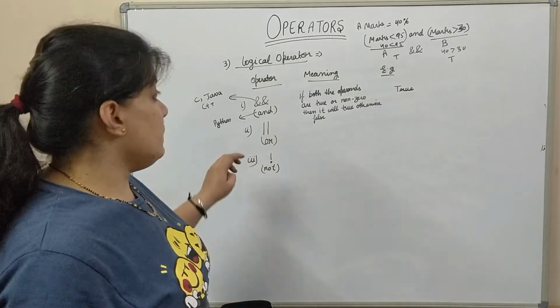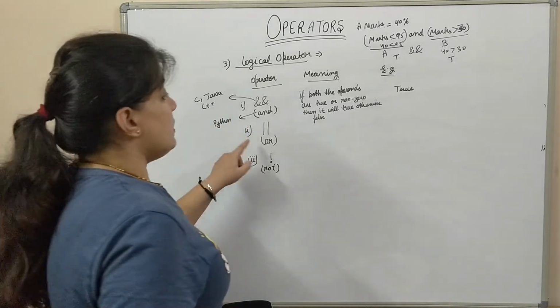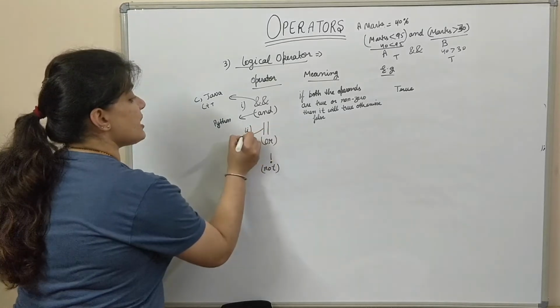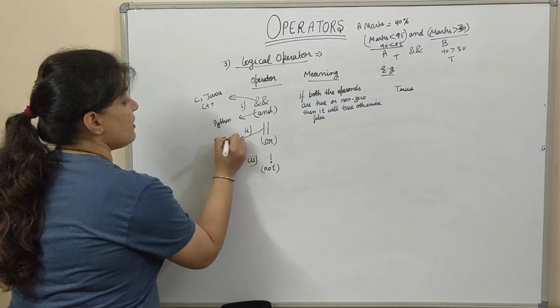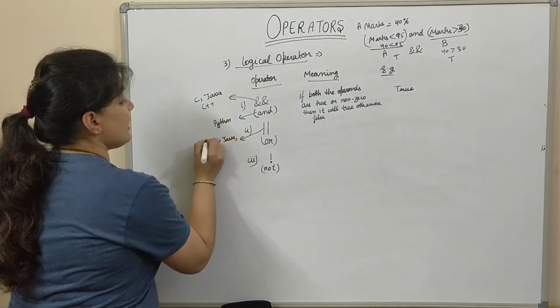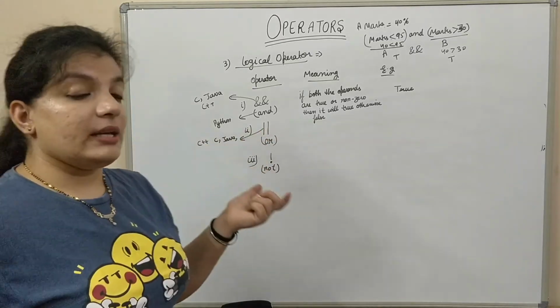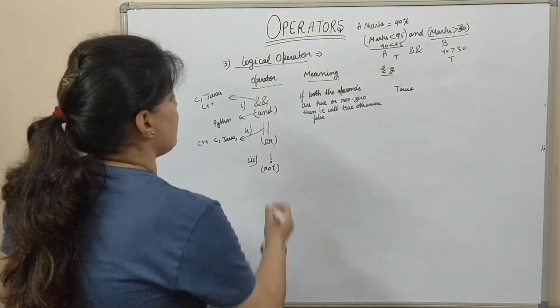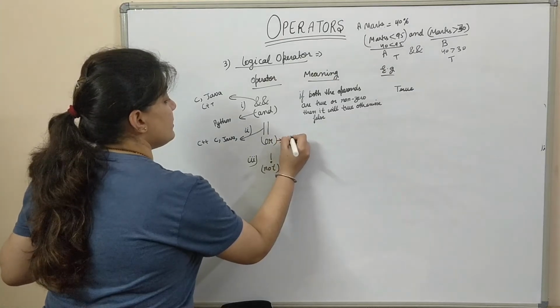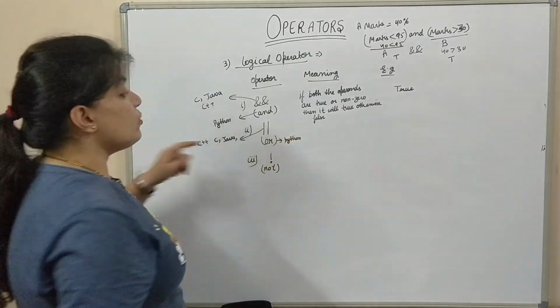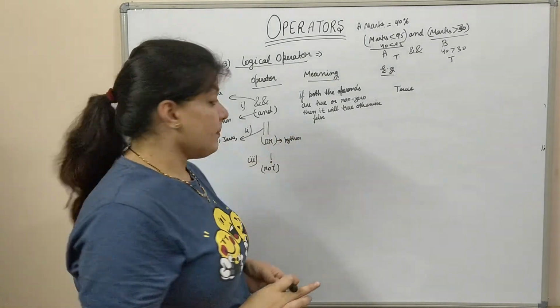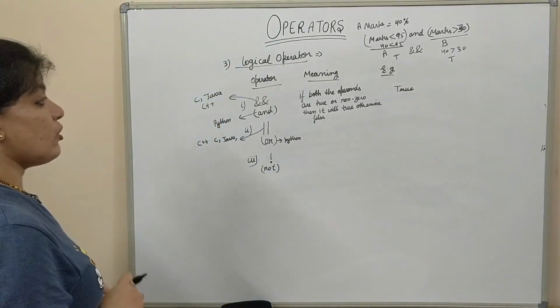Okay. Now OR operator. In C, Java and C++ we are writing this symbol to check this condition, and in Python we need to write OR in small letters between two operands. Okay. So what is the purpose of this OR operator?